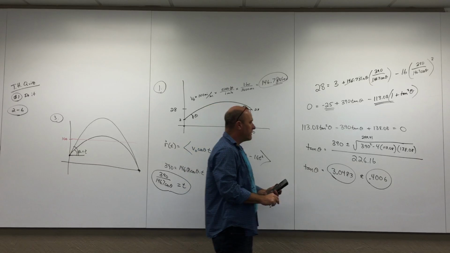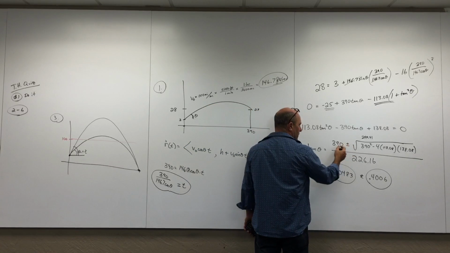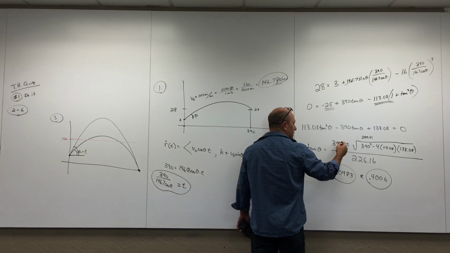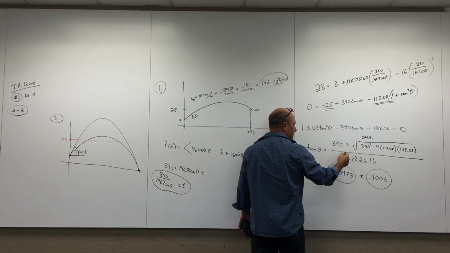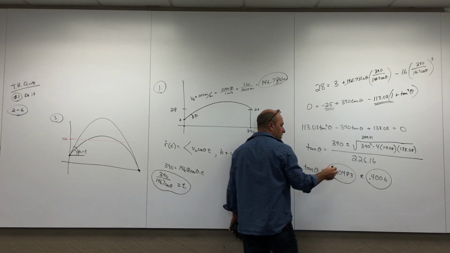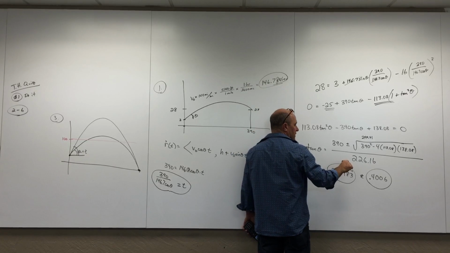Okay. Divided by 226.16. Well, hang on. I mean, you should add them before you divide, maybe. I think I'm getting the radicand right. How are you getting to the number from the bottom once you've simplified the square root term?